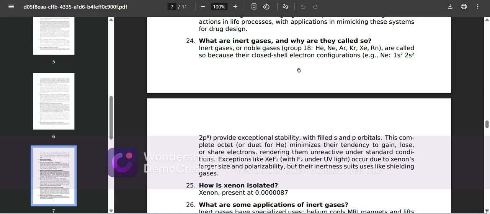Exceptions like xenon reacting with F2 under UV light occur due to xenon's larger size and polarizability, but their inertness suits uses like shielding gases.